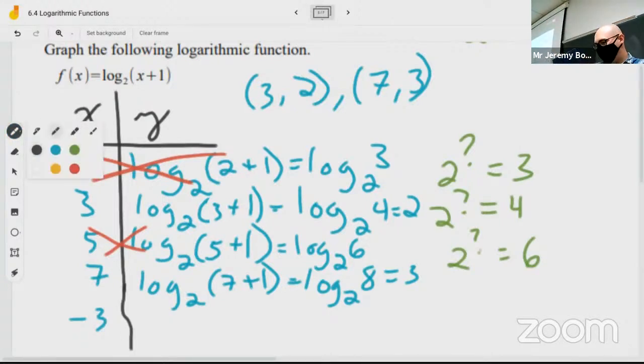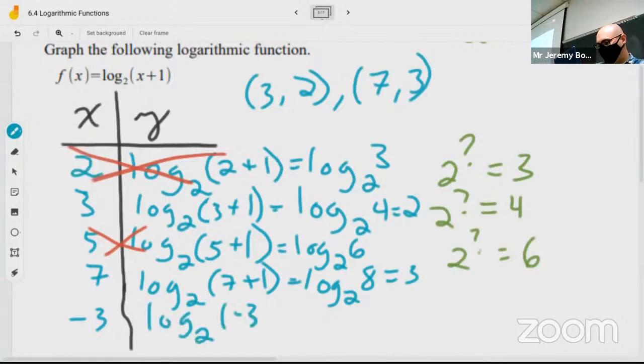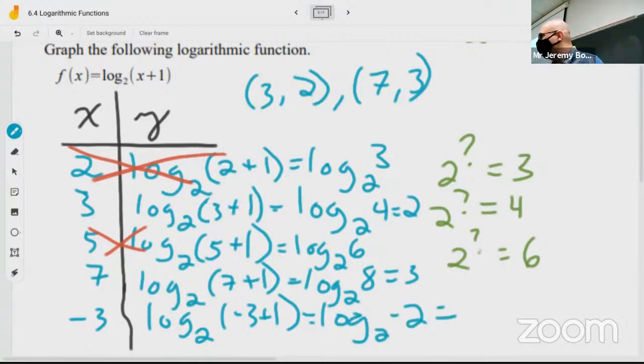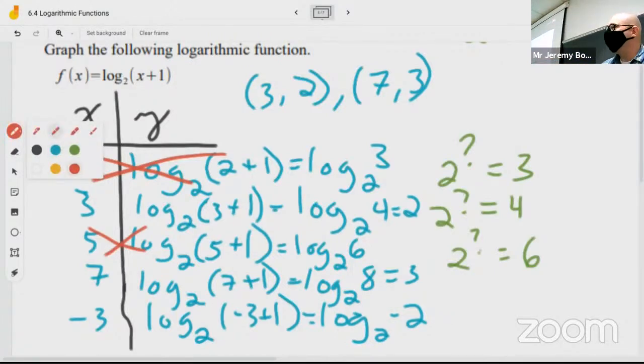Let's see. So we're going to do log base 2 of -3 plus 1, log base 2 of -2. Is there a problem with that? When we take the logarithm of something, what does it need to be?